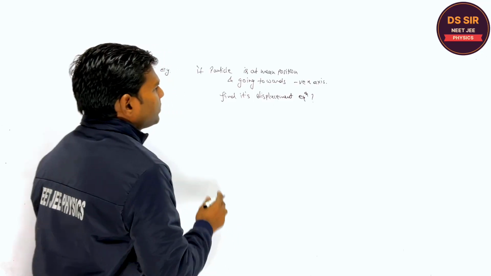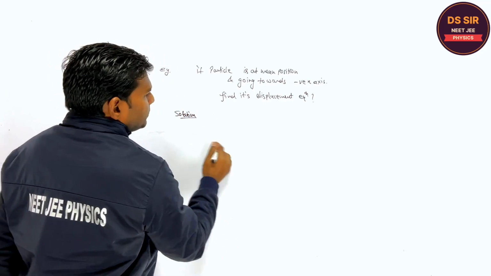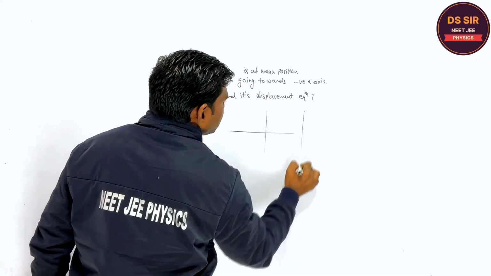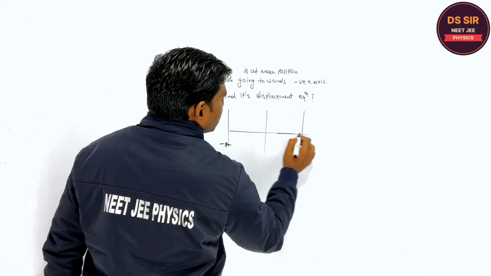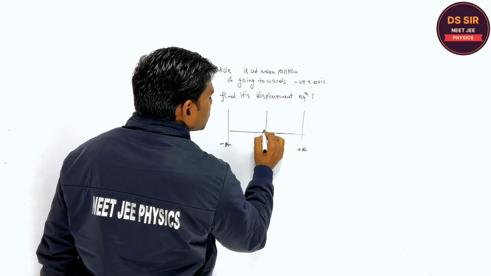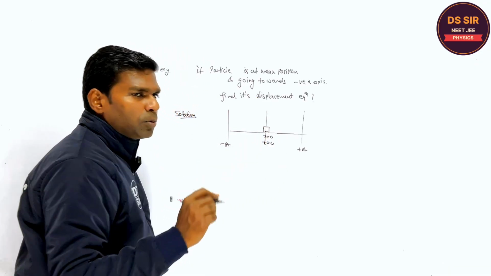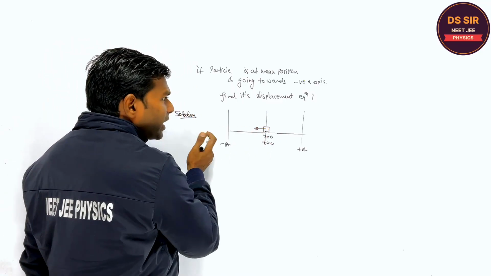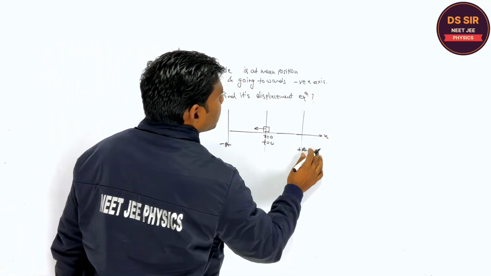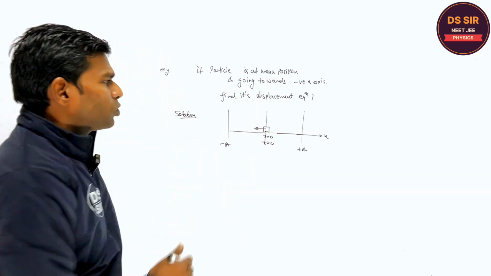If the particle is performing SHM with amplitude A, at t is equal to 0 the particle is at the mean position, but it is going towards the negative x direction. You have to find its displacement equation. Copy this question and try this.